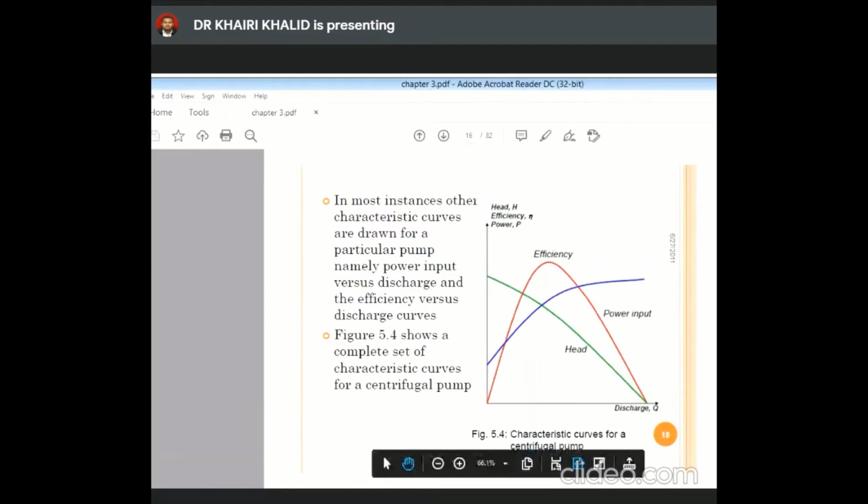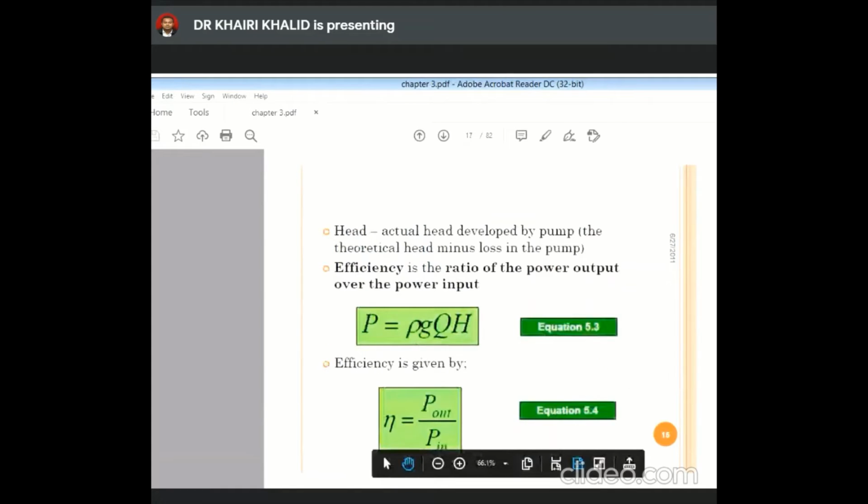So again, under the efficiency, head actually developed by the pump. Okay, theoretically head minus losses. All right. The head developed. Agree? Yeah? The actual head is equal to theoretical head minus losses in the pump. Okay.